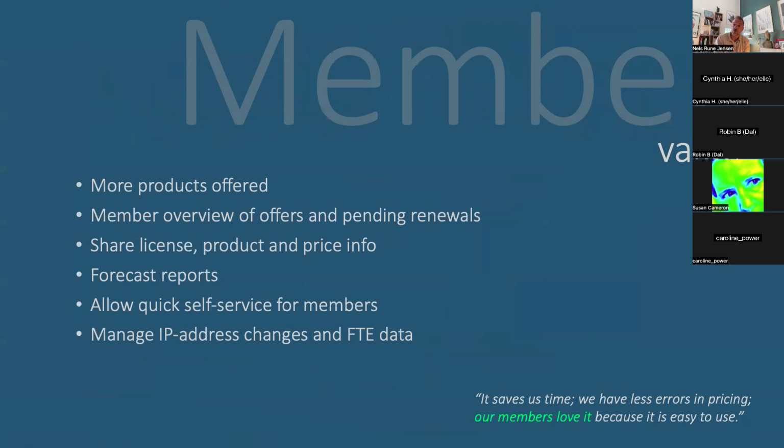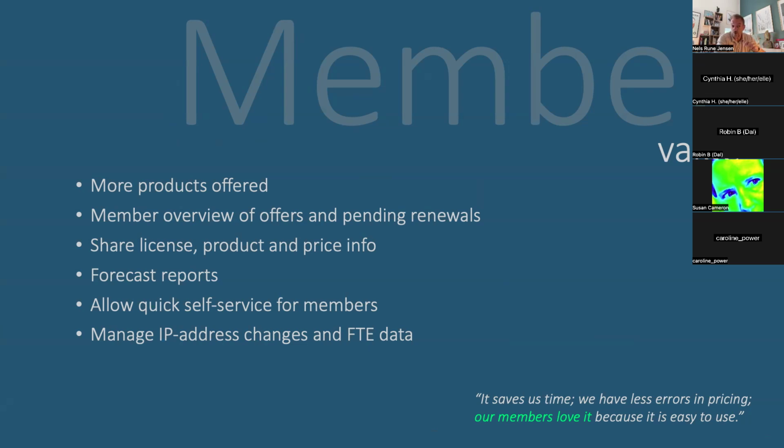It's easier to push out a product to members and get some feedback on it or get some trial requests back. There's a better overview of all the offers and pending renewals. It's easier to share licensed product and price info and look it up when you need it.